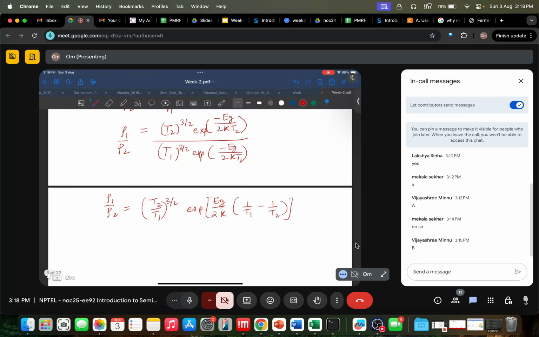Substituting all the values, 100 by 10 is 330 by 300 to the power 3 by 2, times exponential of Eg by 2k, which we have to find, into 1 by 300 minus 1 by 330.